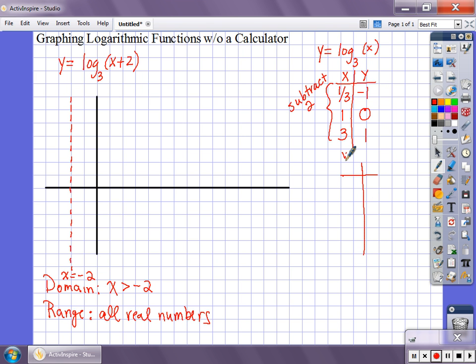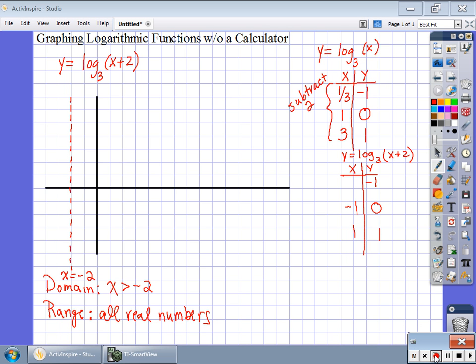And so for y equals log base 3 of x plus 2, again, the y values are going to stay the same. Negative 1, 0, 1. Take 3, subtract 2, you get positive 1. Take 1, subtract 2, you get negative 1.